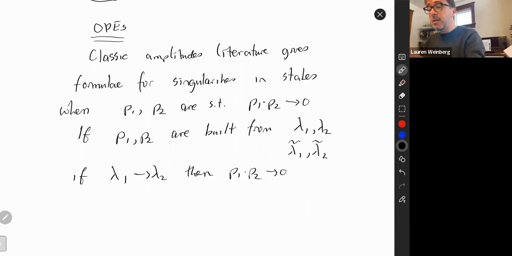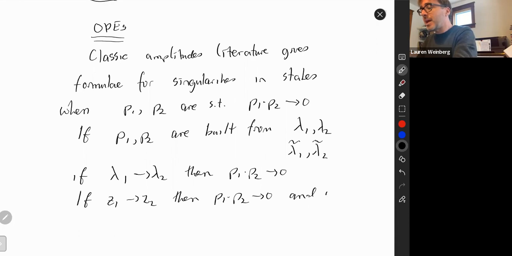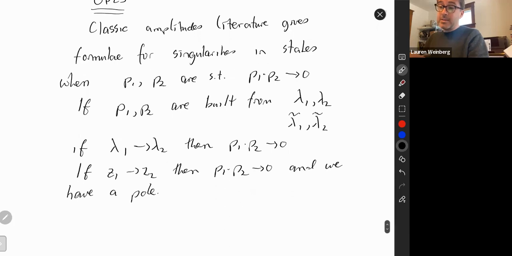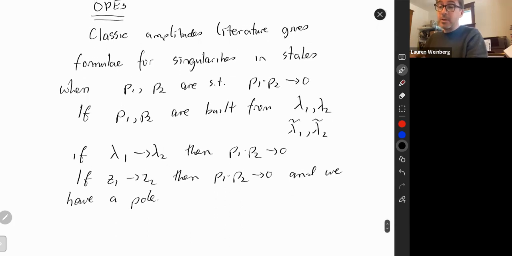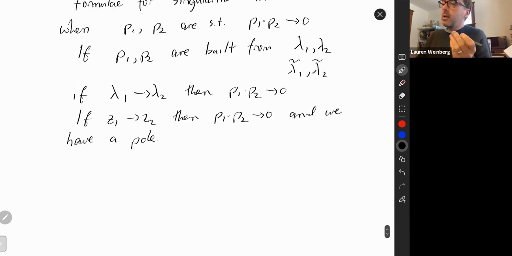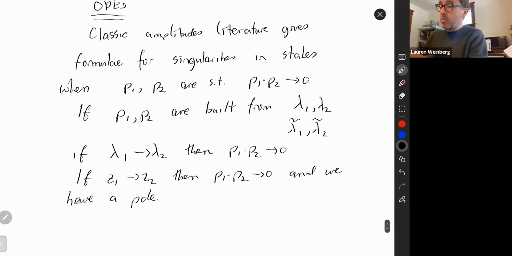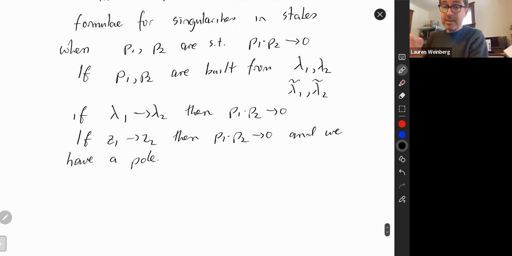So in our notation, if Z1 goes to Z2, then this goes to 0, and we have a pole in the amplitude. So this is why you might hope that these poles are related to OPEs, because they can happen when Z1 tends to Z2. Let me write the formula for these singularities and then translate it into OPE language.